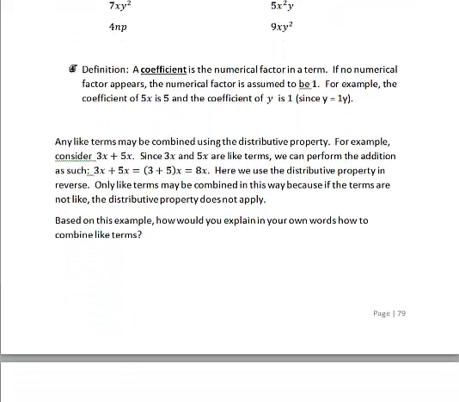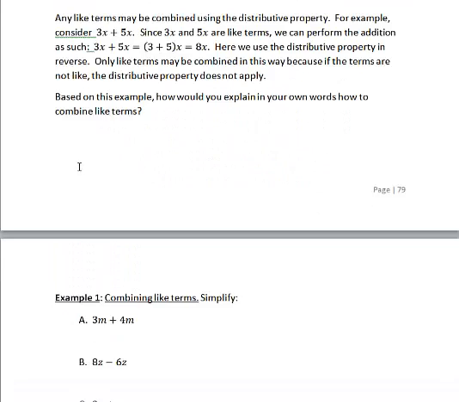Moving along, the last paragraph of the page reads that any like terms may be combined using the distributive property. So here we have a 3x plus a 5x, and notice that we have an x term plus another like term.